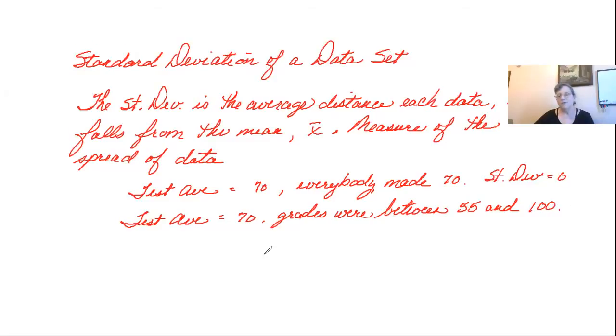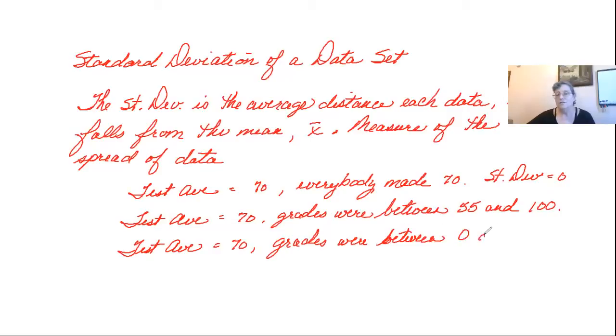Which is probably much more common than everybody in the class making a 70. Or maybe I give a test and the test average is 70 and the grades were all between 0 and 80.